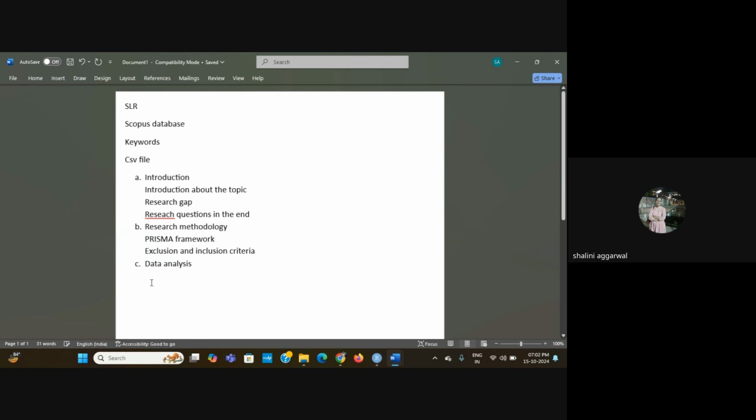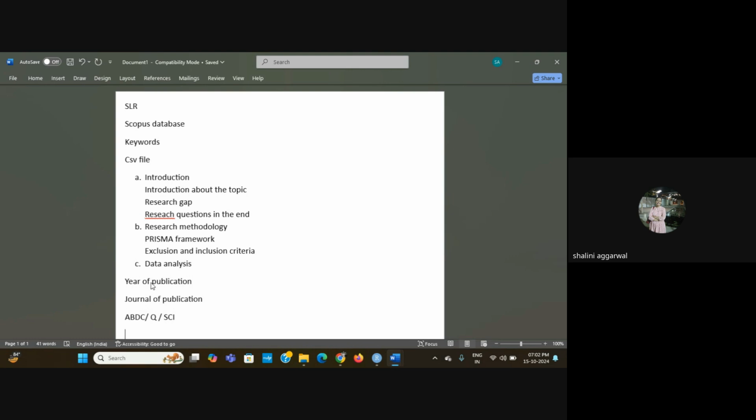Next is the data analysis part. This is also one of the most important parts when we are doing the SLR. I told you what is to be written here: year of publication, journals of publication. You can also mention ABDC ranking, Q ranking, SCI. I hope you remember what I'm saying.